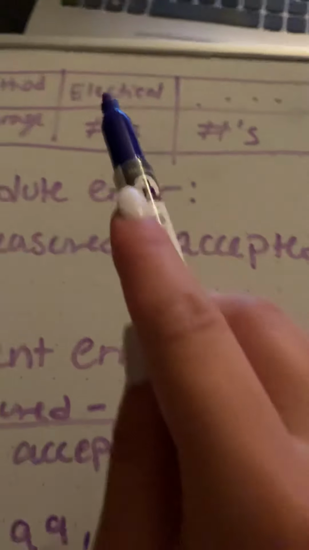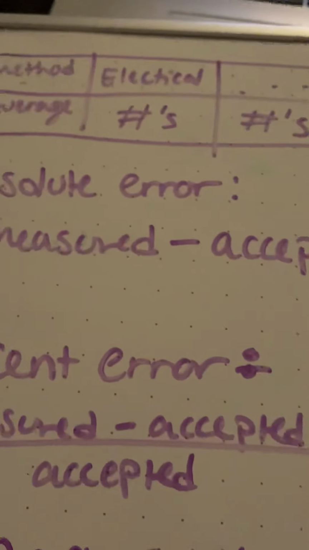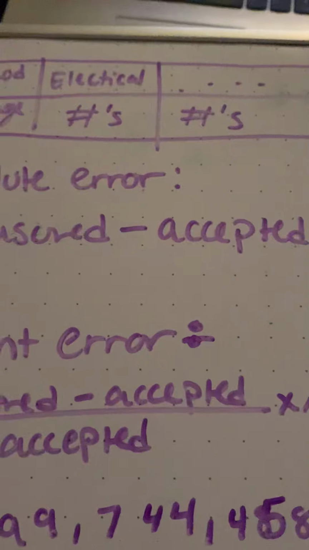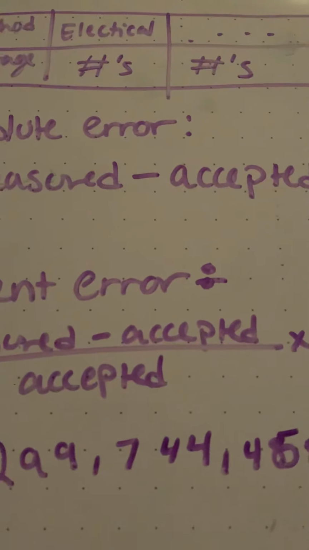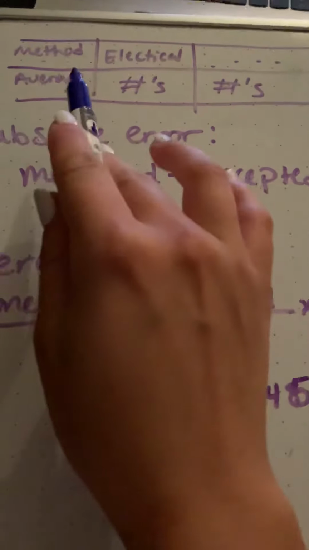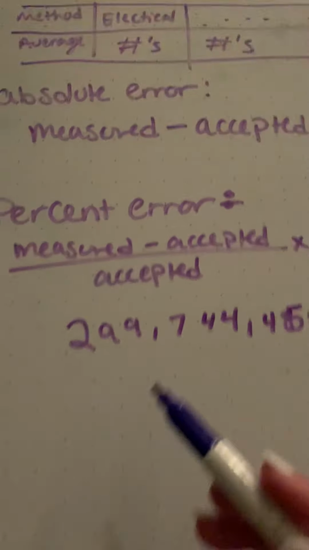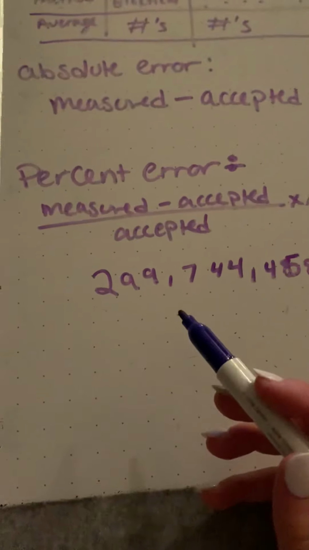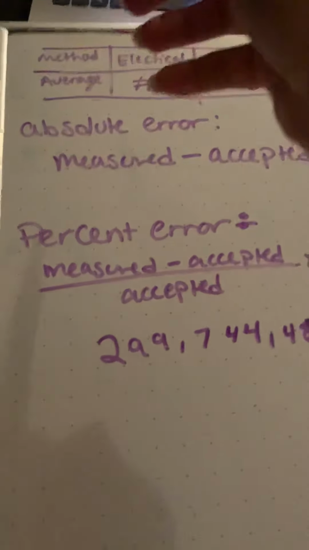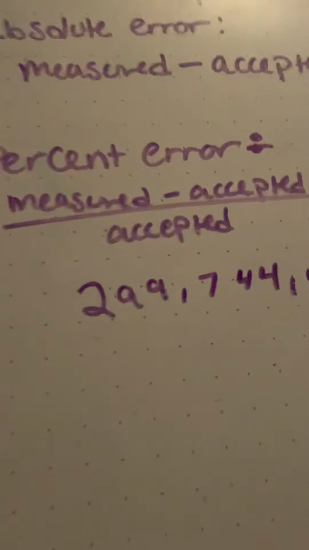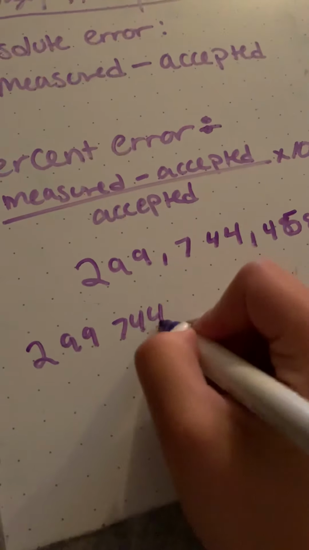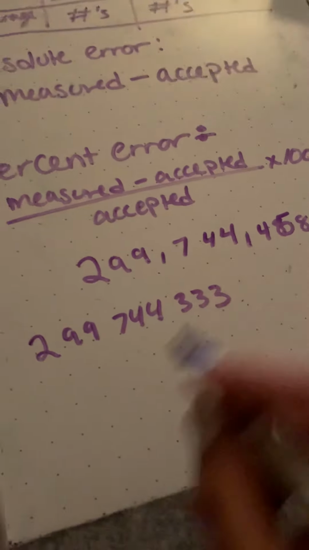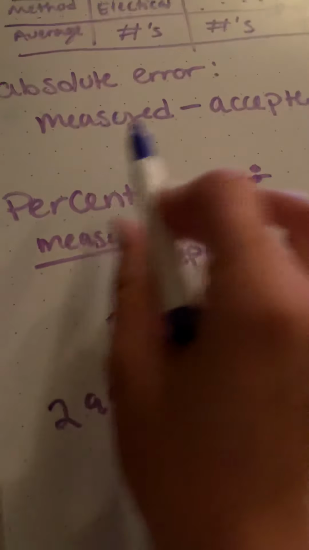So if I had a bunch of methods, okay, so I did an electrical method, I used a laser, all these different kinds of methods to see how fast the speed of light is going. I'm going to see how close I can get with my averages to the accepted value of the speed of light. So if my value for electrical was, say, 299,744,333, then I am going to use this as my measured value, okay?